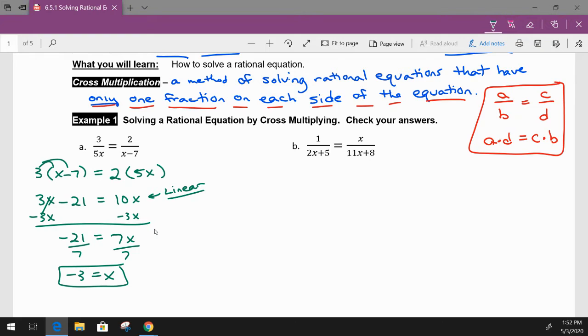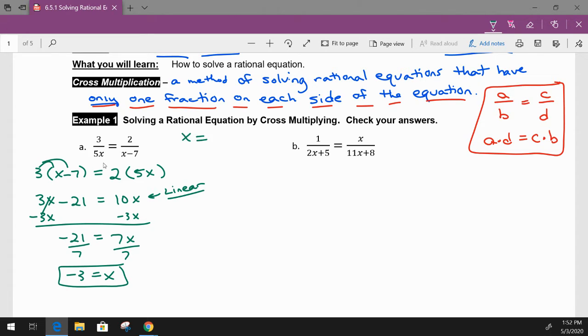Now, one thing that you must be careful of when you are solving rational equations, you still have to keep in mind that the denominator cannot be 0. So if you look at each of these denominators, on the left side, you have just 5x. So the only value of x that would make the denominator equal to 0 would be 0 itself. 0 times 5 would make the denominator 0.